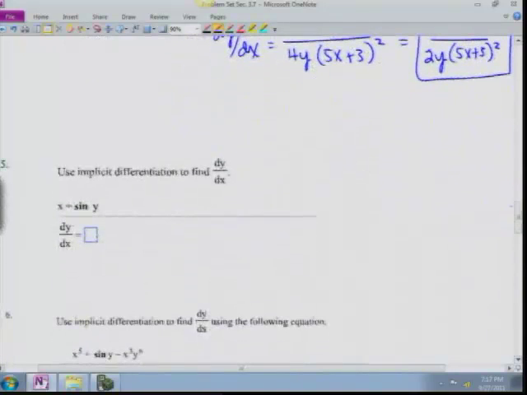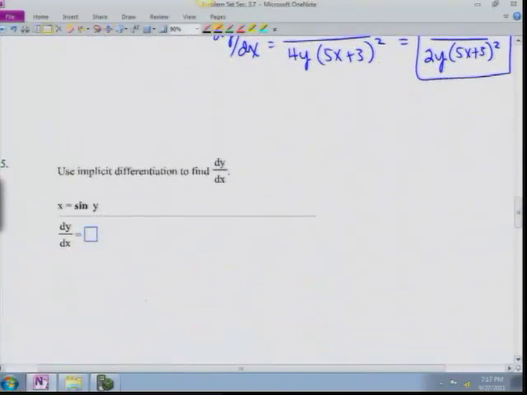This trig one's really pretty short. So you have x equals sine y. What's the derivative of x? Equals cosine y dy dx. And so if I'm solving for dy dx, what do I do? Divide.